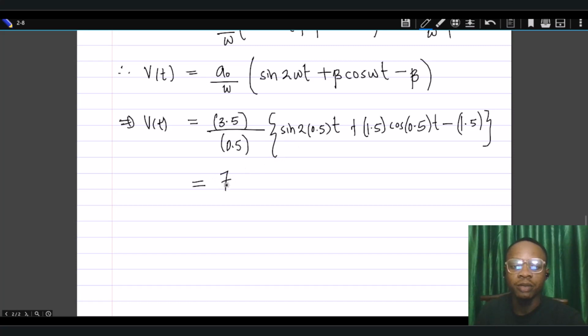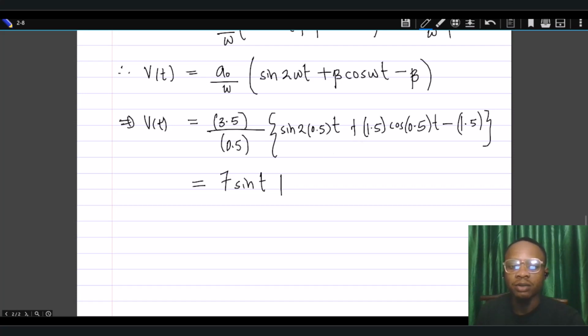So this is basically 7. If we open up the bracket, that will be 7 sine. You can leave it outside anyway, but let's open up the bracket. This is going to be 7 sine t, because 2 times 0.5 is 1. Then we have 7 times 1.5. That's 7 plus half of 7, which is 3.5. So that is 10.5.